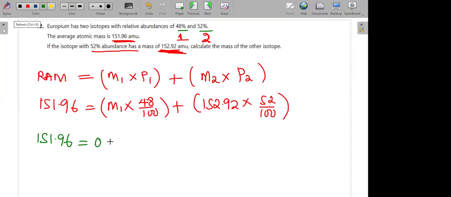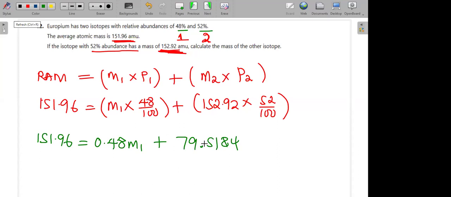I get 0.48 M1 plus 152.92 multiplied by 52 and then divided by 100. There I get 79.5184. So make sure you confirm with your own calculator.